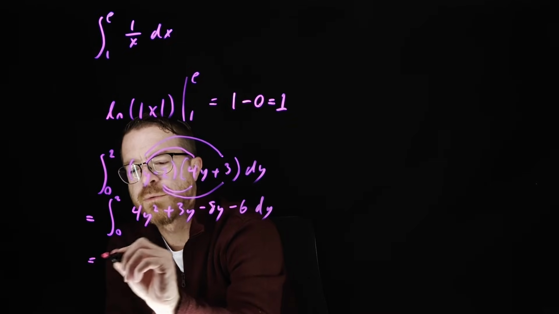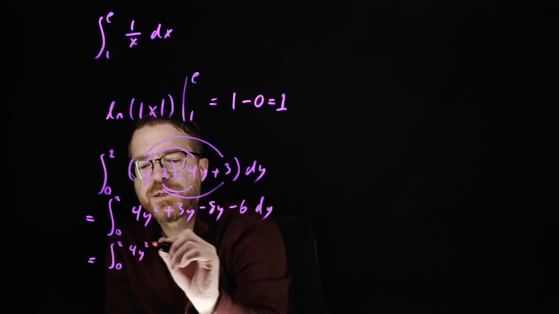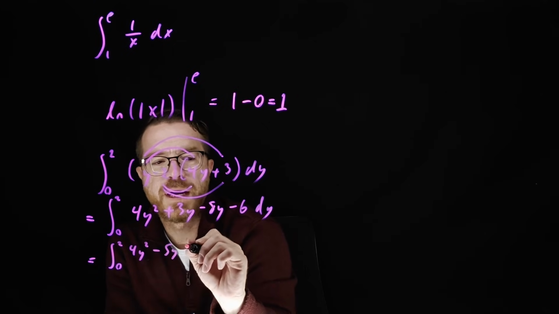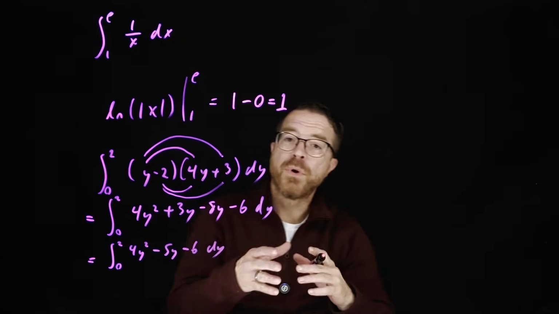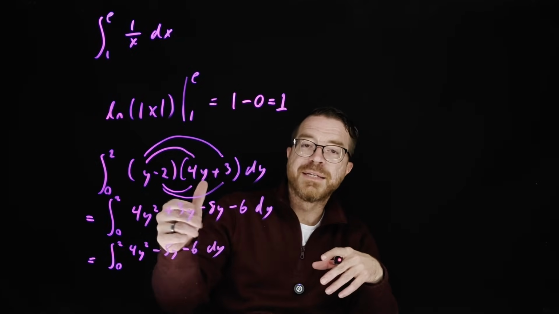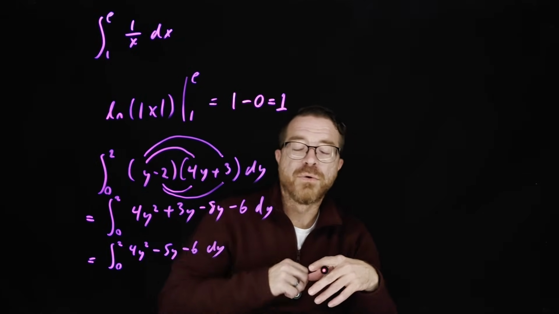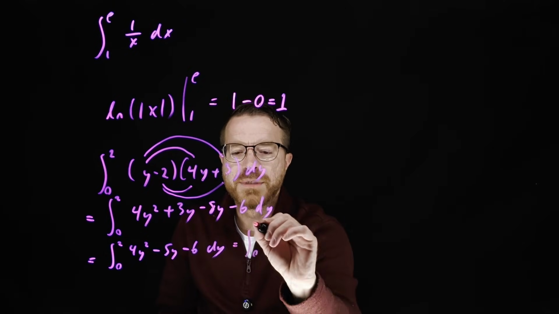So this is going to be equal to the integral from 0 to 2 of 4y squared minus 5y minus 6 dy. Now, as before, I can take this integral now, and I can take the integral of this first term minus the integral of the second term minus the integral of the third term. So this is going to be the integral from 0 to 2.